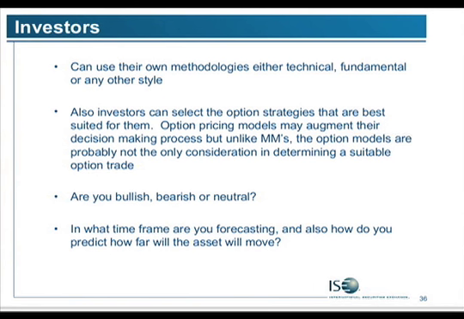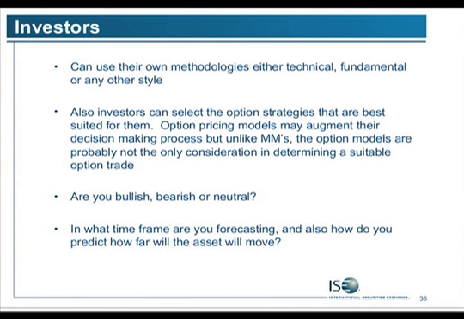Most important thing, are you bullish, bearish, or neutral? And what time frame are you expecting? If you're making a market prediction for the next hour, you're probably, quite frankly, better off trading the spot market. Because if you look at the options market, the bid-ask spreads are going to be 7-8 cents wide. I think that's very reasonable when you're making a prediction out for many, many months, even maybe a month.